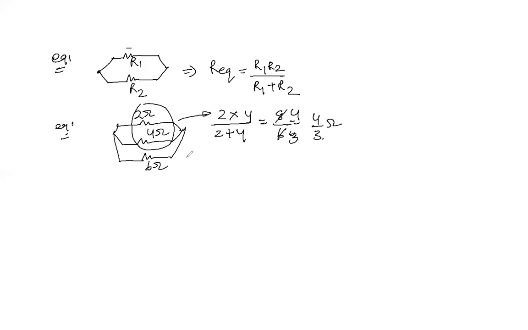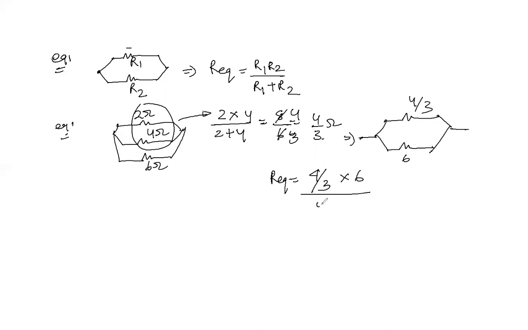Now this 4 by 3 ohm is in parallel with 6 ohm. You have already studied this, so I'm doing it quickly. What is the equivalent resistance of the circuit now? 4 by 3 into 6 divided by 4 by 3 plus 6. So this is the way we can quickly solve the circuit.